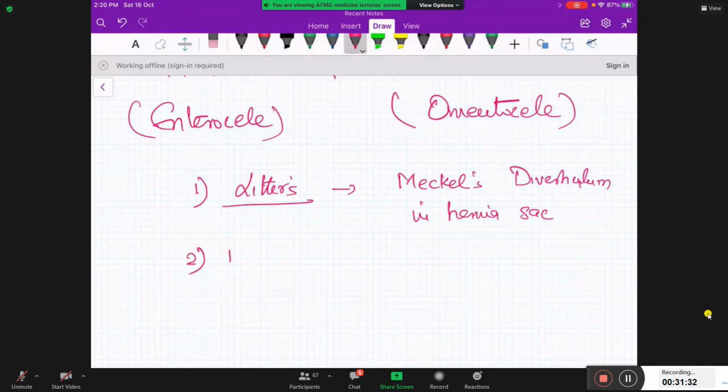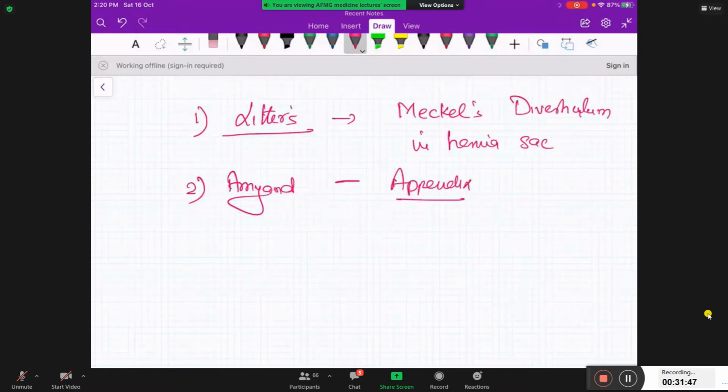Then there is something called Amyand's hernia. What is Amyand's hernia? When the appendix is present in the hernial sac, it is Amyand's hernia. Then we have Maydl's hernia. What is Maydl's hernia?